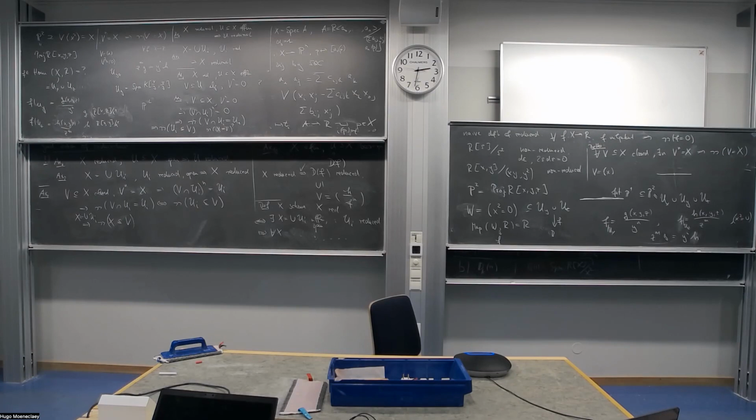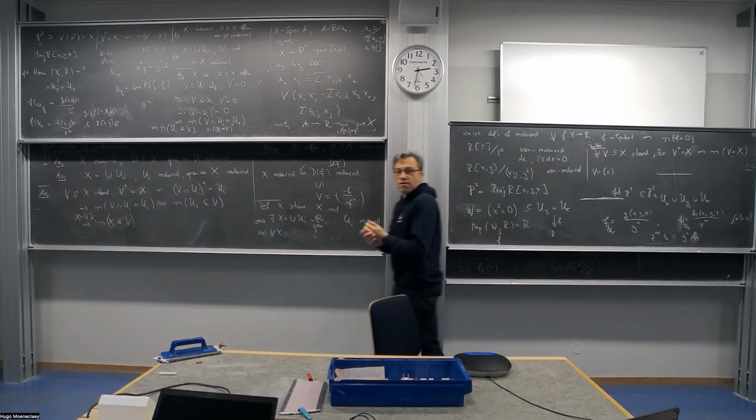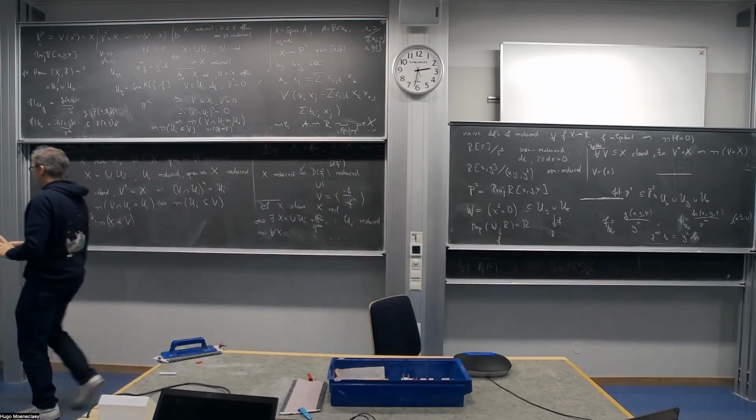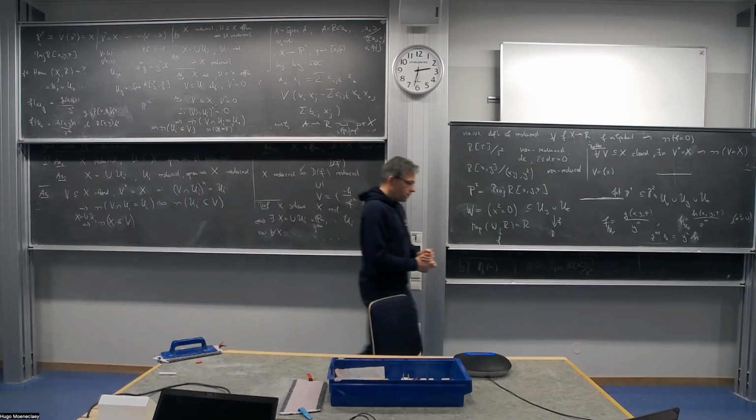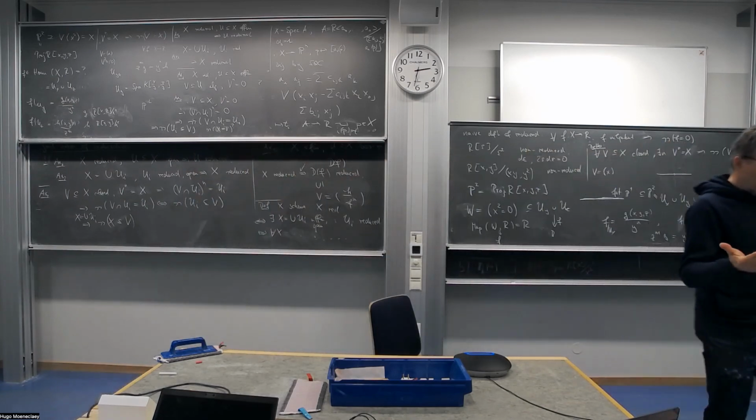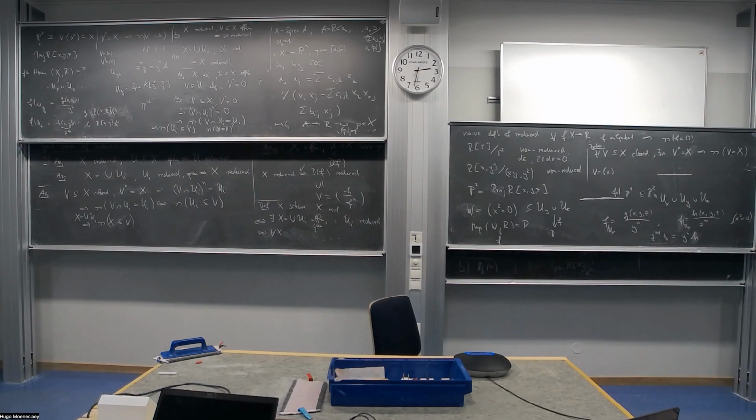Because pullbacks are intersections, and when I intersect a circle with a tangent line, I get a non-reduced point. All of these definitions say that all non-reducedness comes from the base.